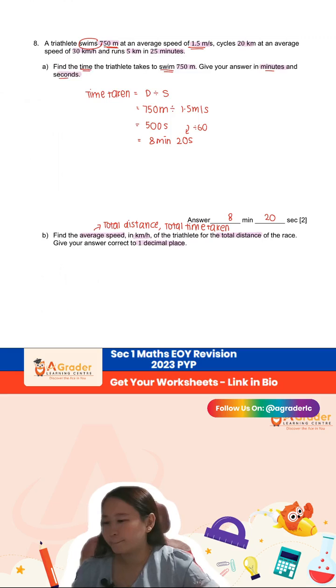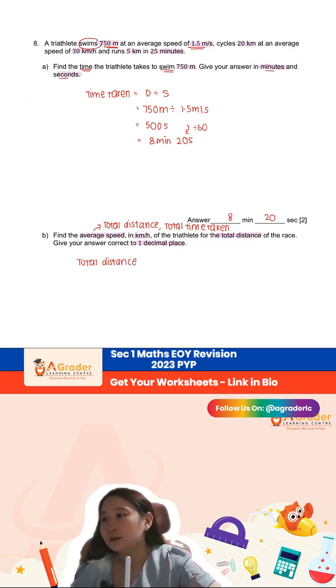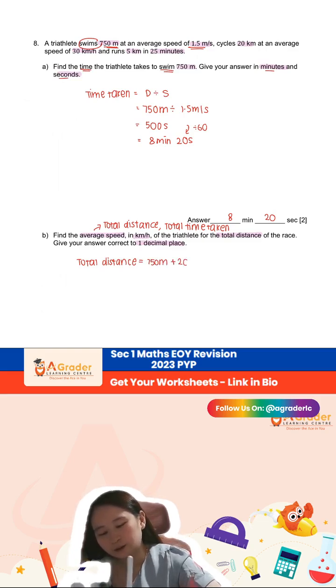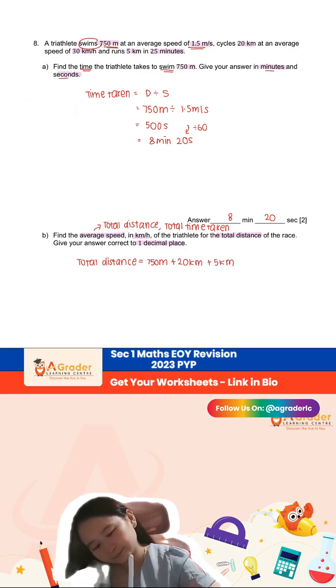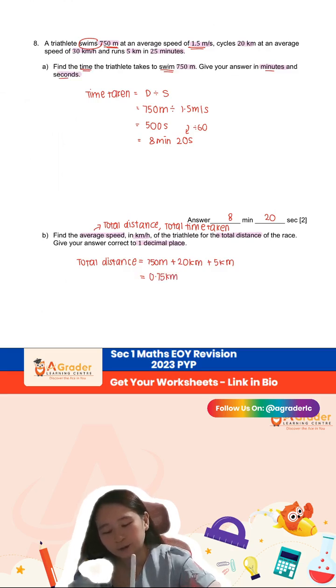Okay. So for this part, I can find total distance first. Total distance, I have 750 meter, 20 kilometer, and 5 kilometer. When I add everything up, my 750 meter changed to kilometer is 0.75 kilometer.